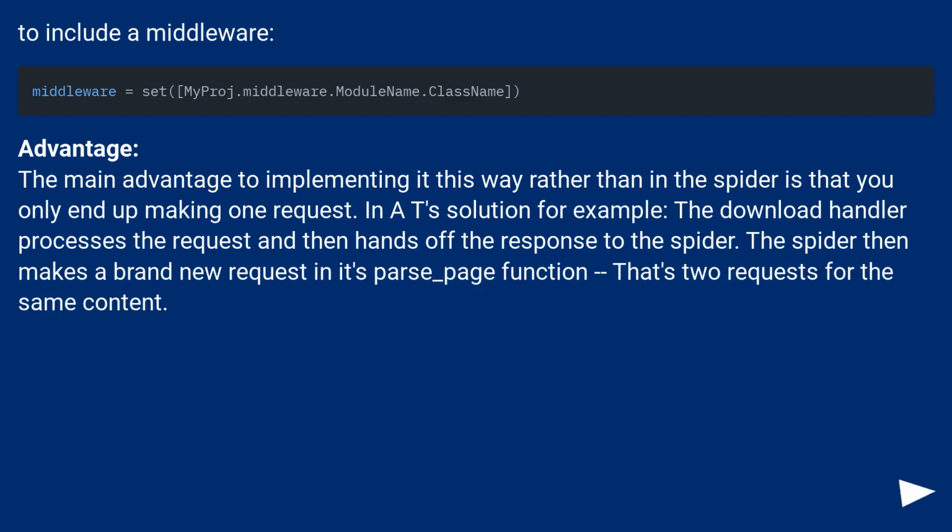Advantage. The main advantage to implementing it this way rather than in the spider is that you only end up making one request. In the earlier solution, for example, the download handler processes the request and then hands off the response to the spider. The spider then makes a brand new request in its parse_page function. That's 2 requests for the same content.